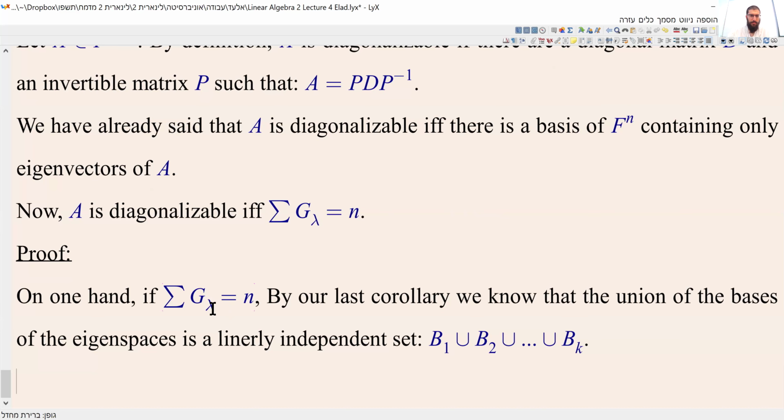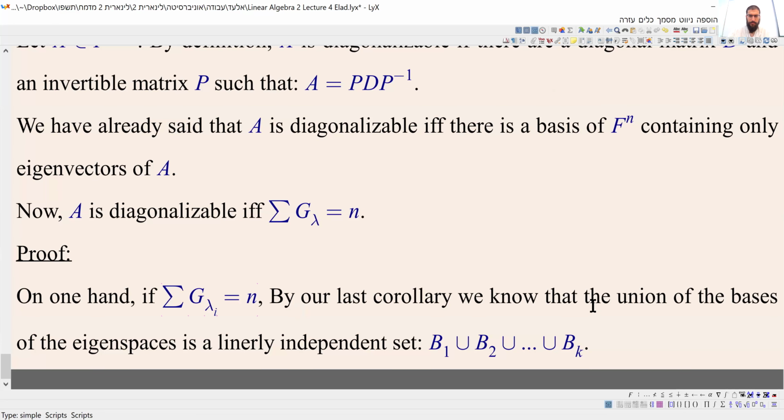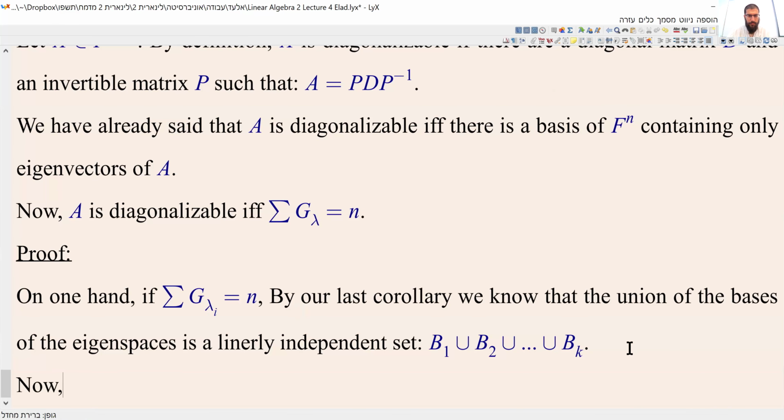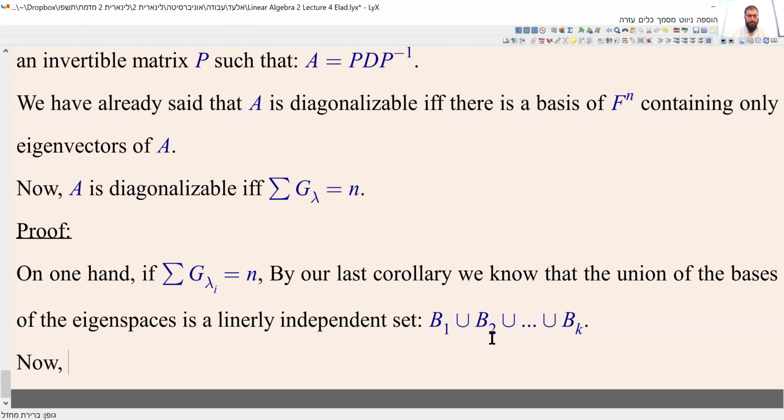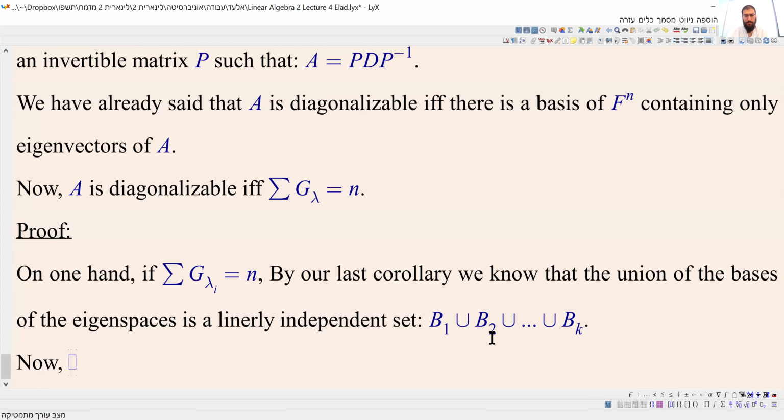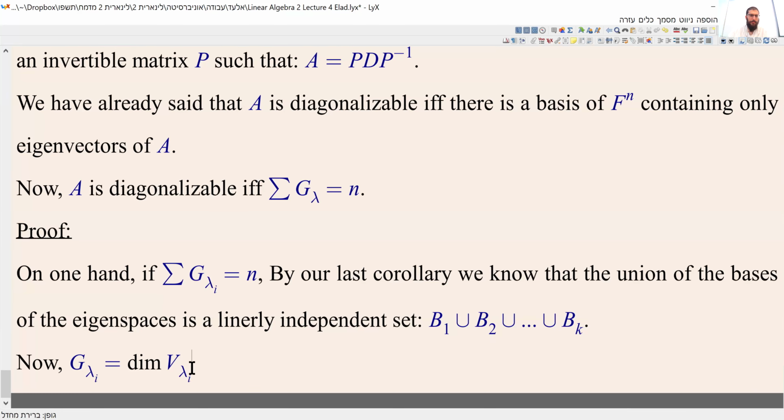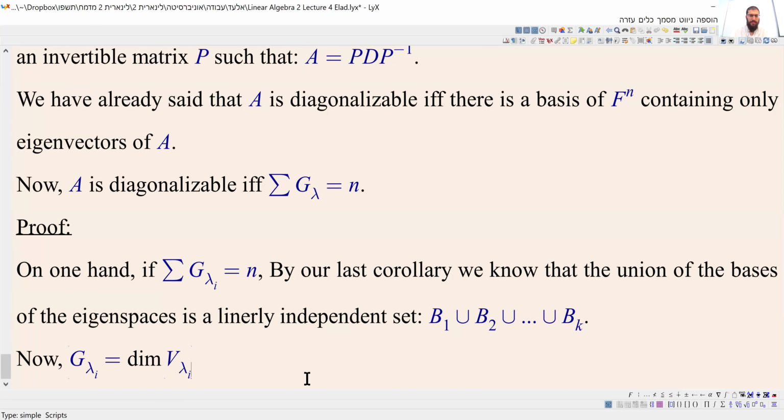G of lambda i is the dimension of V lambda i, the eigenspace, which is the number of elements in B_i.